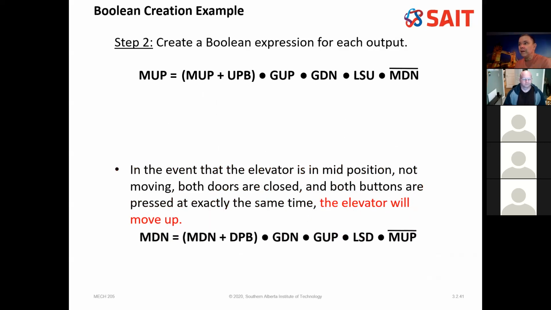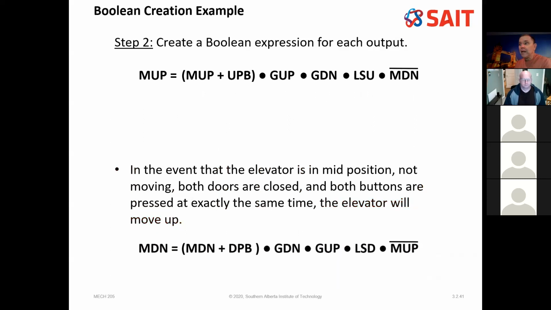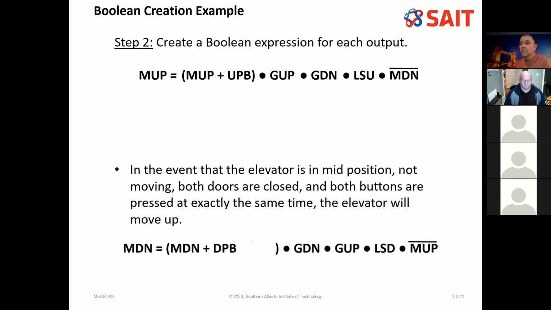So all we have to do there is say our motor down will only seal if the guy didn't press motor up. So here we're putting in the not motor up. He pressed the down push button and not the up push button, right?